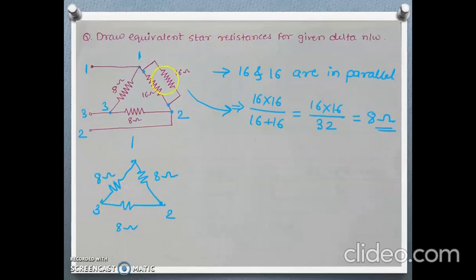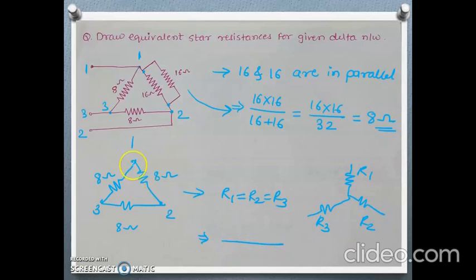Now this is the delta network. This is a delta, to which one branch is connected in parallel. Now convert this delta to star. As these resistances are the same, its equivalent network R1, R2, R3 will be the same.